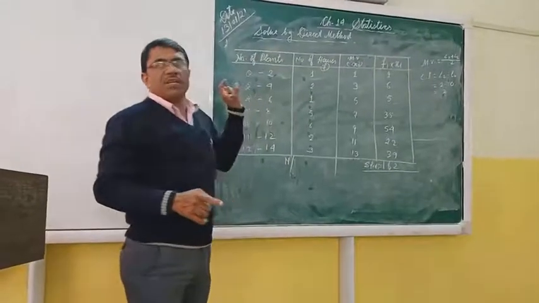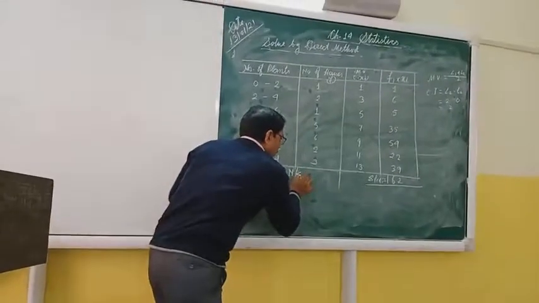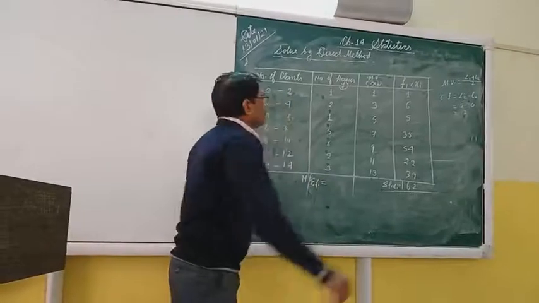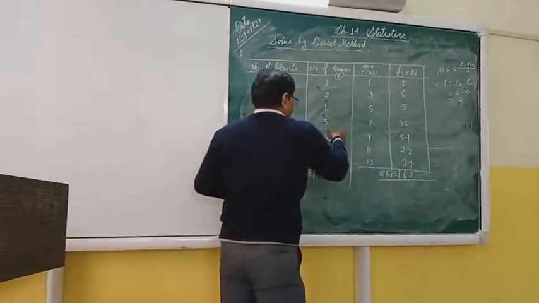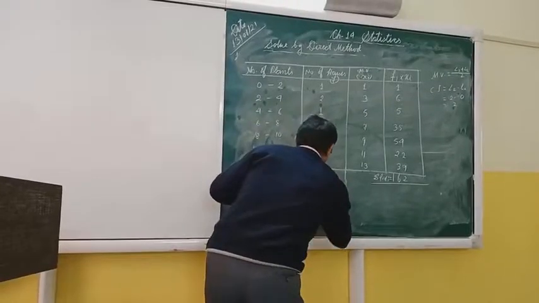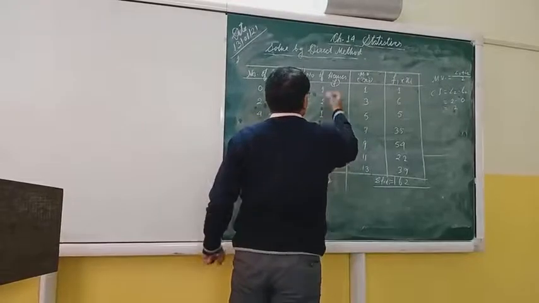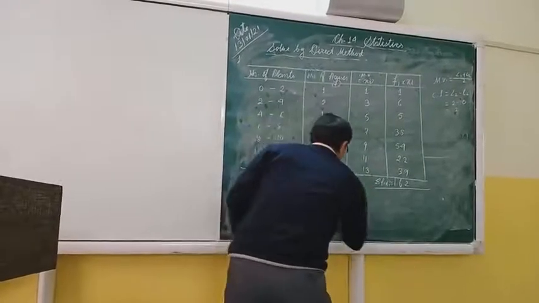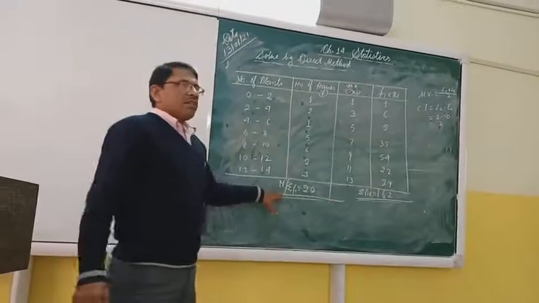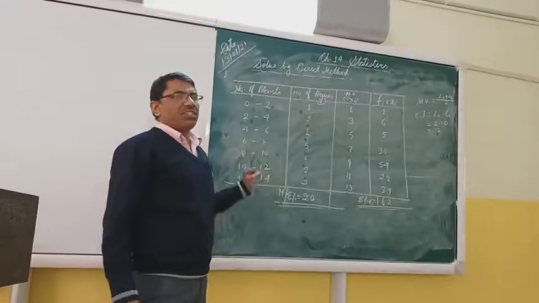So in case of continuous series, we shall use capital N or summation of f, both have the same meaning. This is coming 20. So students, summation of fi xi has come and summation of fi or capital N has come, that is the net value of frequency.